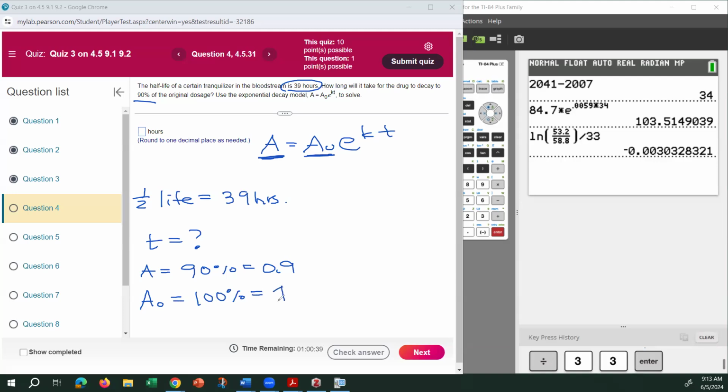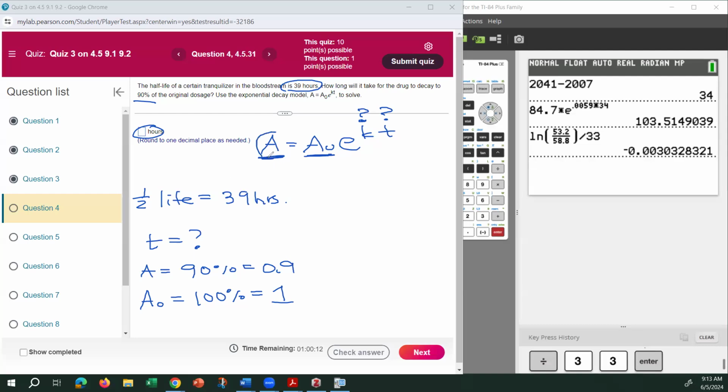I'm going to change that to decimal form, which is 1. We don't know K, the decay rate, and we're trying to find T because it says the number of hours. And so first we need to find K. So first find K using the given half-life and the other values.